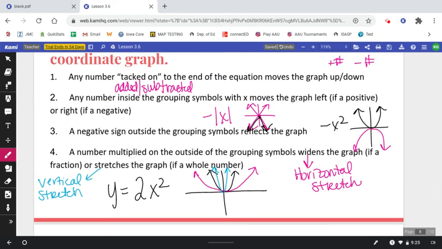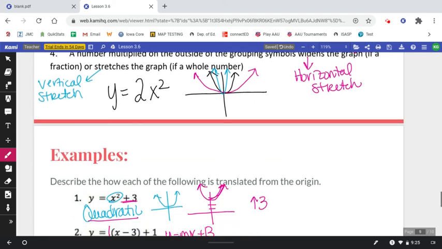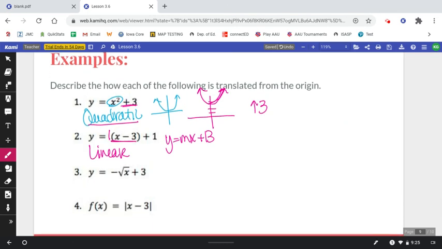So that follows rule number 2: any number inside the grouping symbols with x moves the graph left if a positive or right if a negative. So this one is x minus 3, so this is going to be moved to the right 3. It also has a number added to the end, and so it also is going to be moved up 1. So if I go from the origin, I'm going to go right 3 and up 1.